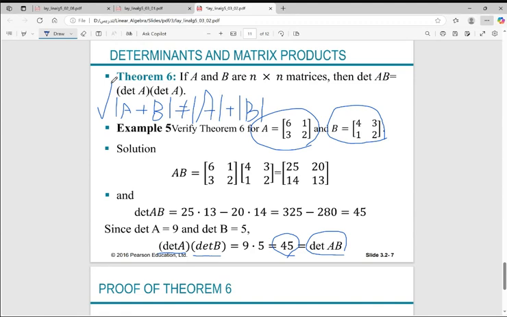When you have multiplication, determinant of AB equals determinant of A times determinant of B. But when you have a sum, determinant of A plus B is not equal to determinant of A plus determinant of B, right?